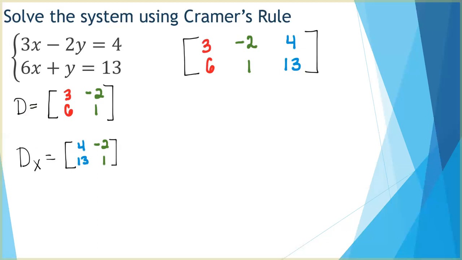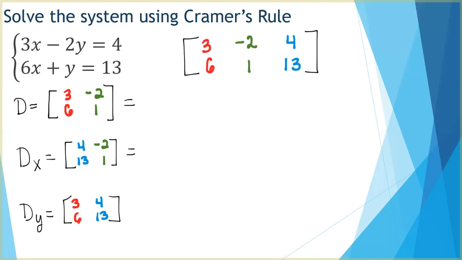And then for my Dy, I am keeping the X column, which would be 3 and 6, and replacing Y with the 4 and 13. So what we're going to do is find our determinant for all three.